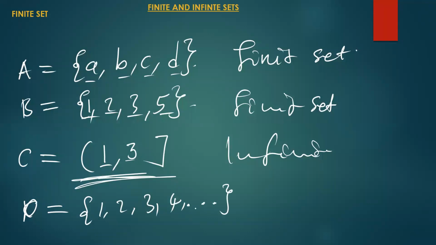These 3 dots tell us that the numbers keep on going, up to positive infinity. As a result, this one is also an infinite set.